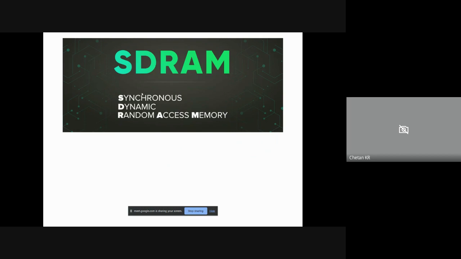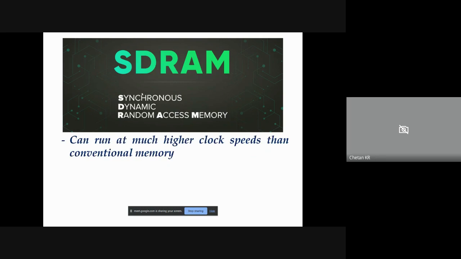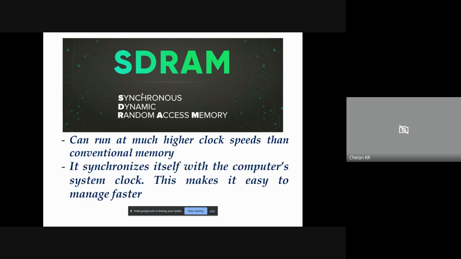So these special RAMs are called synchronous dynamic RAM. It is dynamic RAM itself, but it can run at a much higher clock speed than the conventional dynamic RAMs. It synchronizes itself with the computer system clock, which makes it easier to manage and faster.